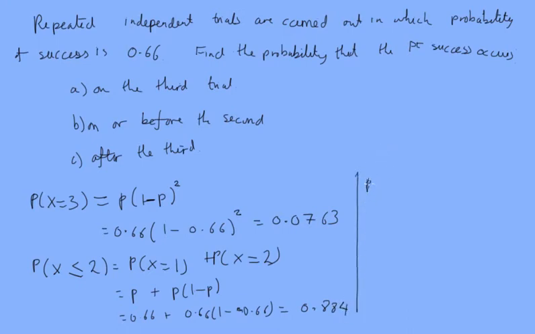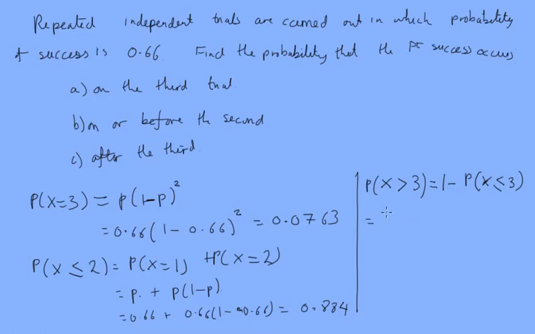Finally, we want the probability that X is greater than 3. That means all the other probabilities, so it's 1 minus the probability that it was on the first trial, or the second trial. So it's going to be 1 minus the probability of X being less than or equal to 3.